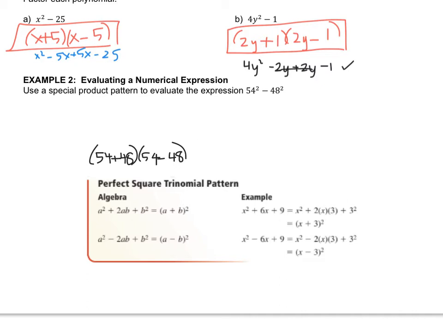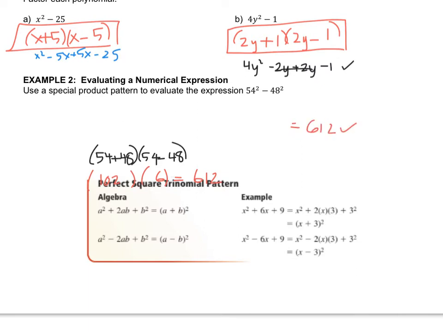And now, without a calculator, we can do this. 54 plus 48 is 102. And 54 minus 48 is 6. So 6 times 102 is 612. So 54 squared minus 48 squared is 612.